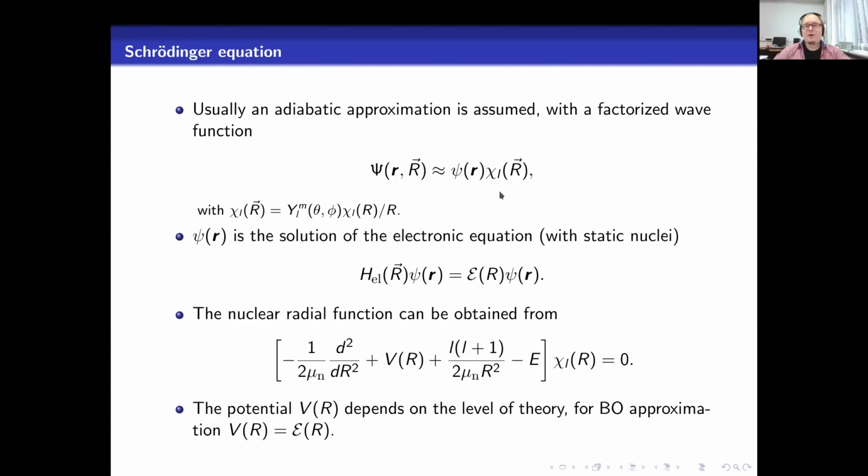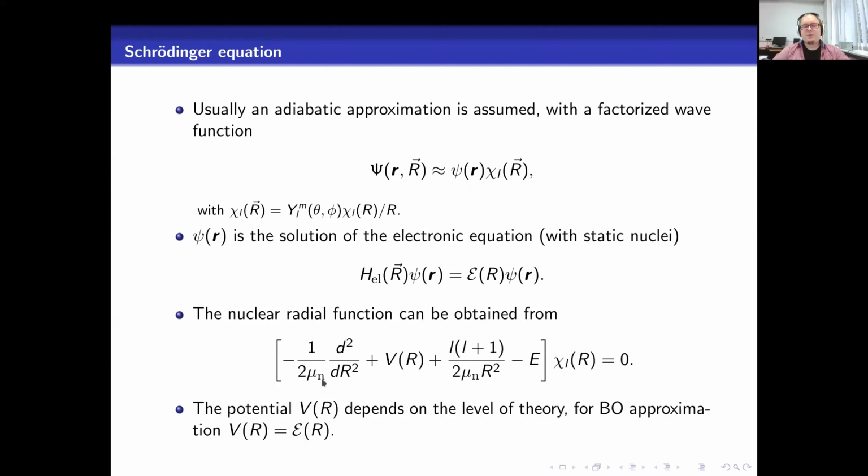We usually factorize it into the electronic and nuclear parts, solve for the electronic part using the frozen nuclei Hamiltonian, and then use it further to solve for the nuclear part. At the most crude Born-Oppenheimer level, this interatomic potential is just this epsilon of r from the electronic part.